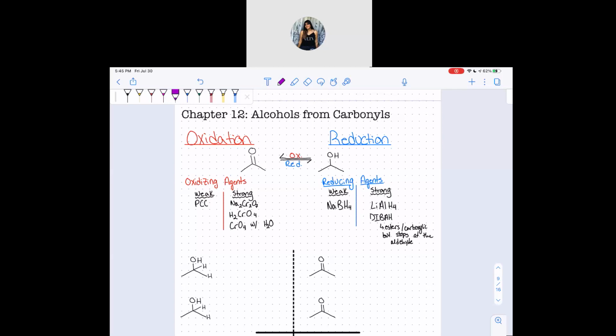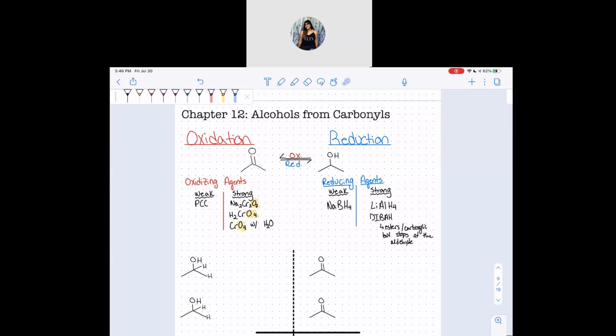So chapter 12 is oxidation and reduction, and we call those redox reactions. I already listed out the reagents because we spent a lot of time talking about them previously. Just remember, if we have O4 or more, that's going to be a strong oxidizing agent. I'll highlight that, O4 or more.